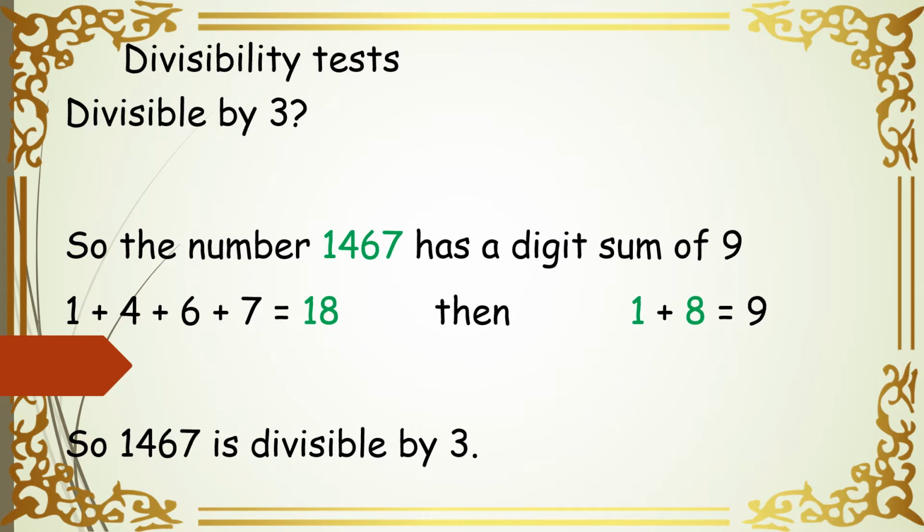It gives me 18. Now 18 is a 2-digit number. So we are supposed to add until we get a 1-digit number. We add again 1 and 8. 1 plus 8 gives me 9.